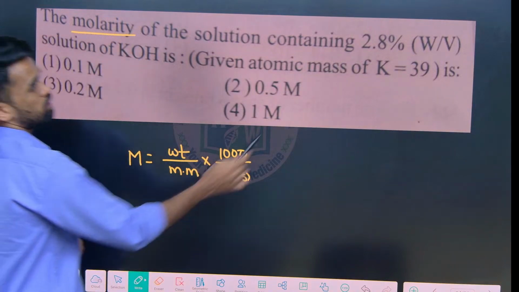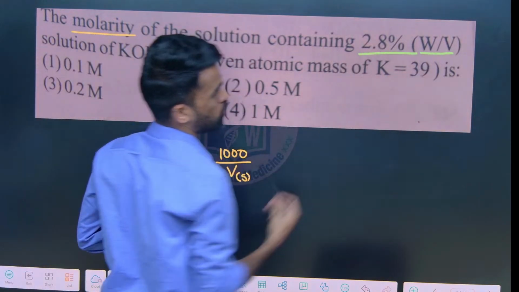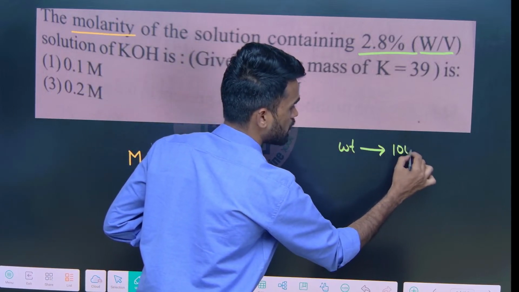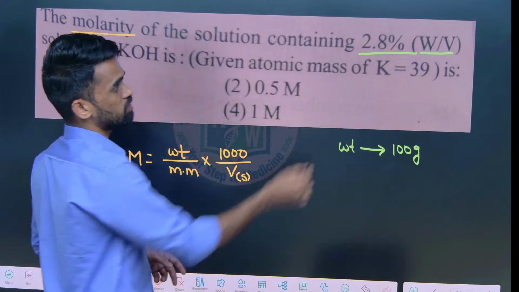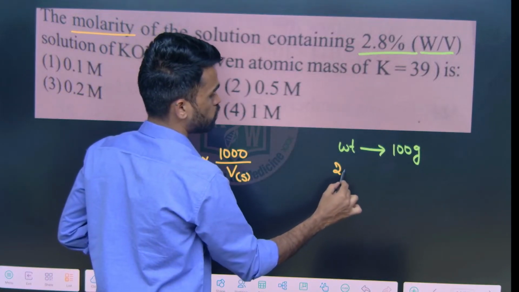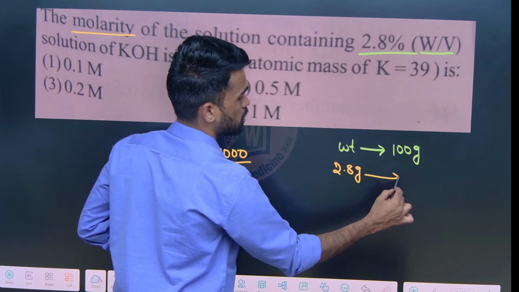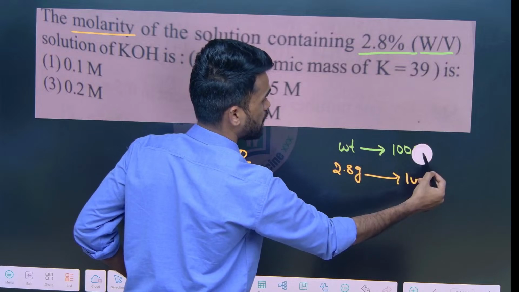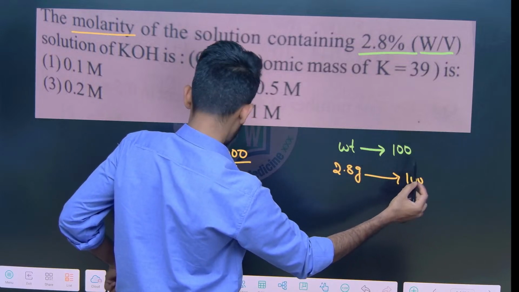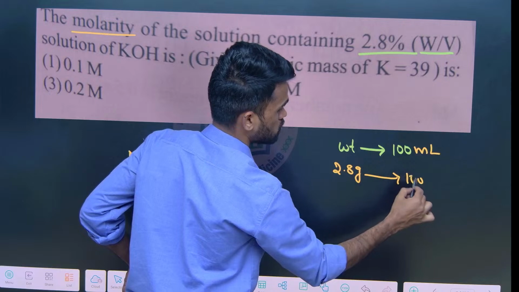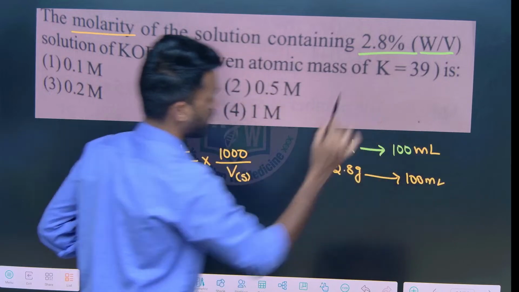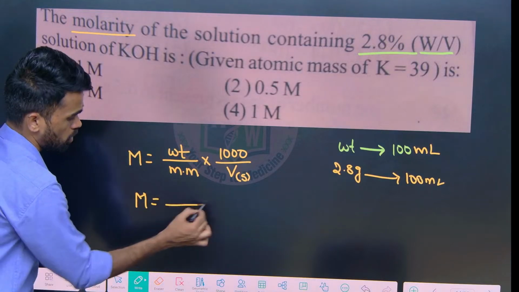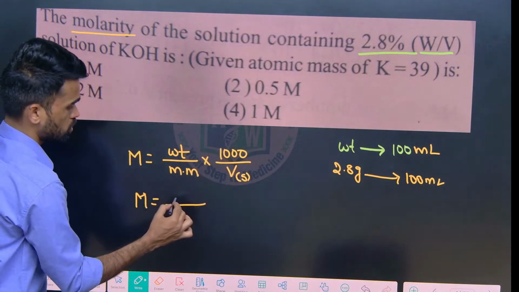If they mention weight by volume percentage, that much weight of substance is present in 100 ml of solution. So 2.8 grams of this substance is present in 100 ml of that solution. So the solution volume is 100 ml.